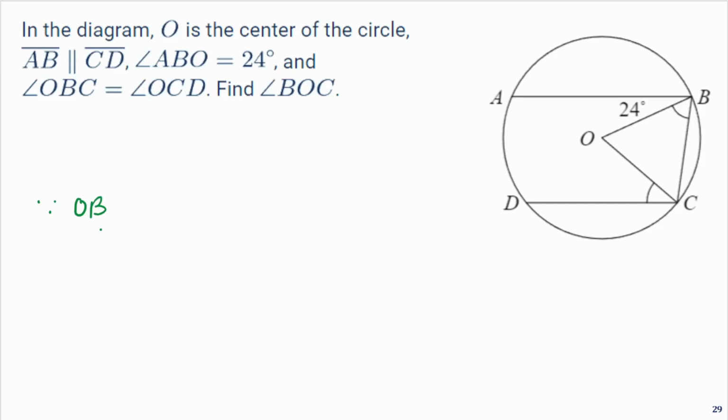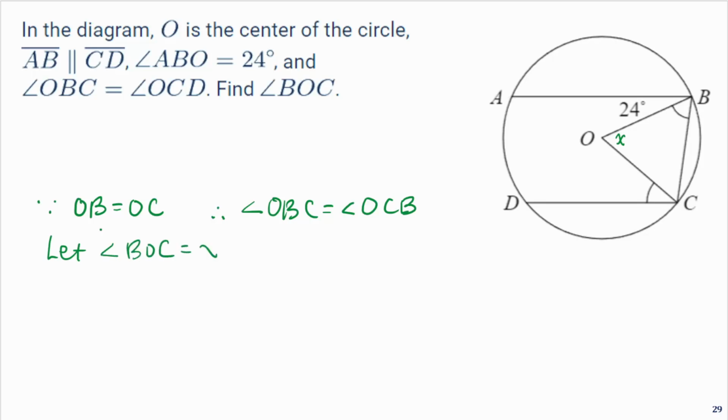So, because OB equals OC, which are the radius of that circle, we have angle OBC must equal angle OCB, right? And in order to facilitate our discussion, we let the desired angle BOC be x.